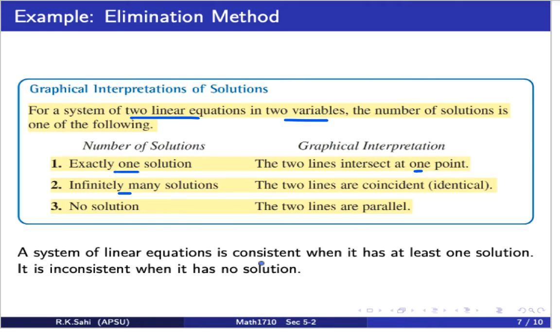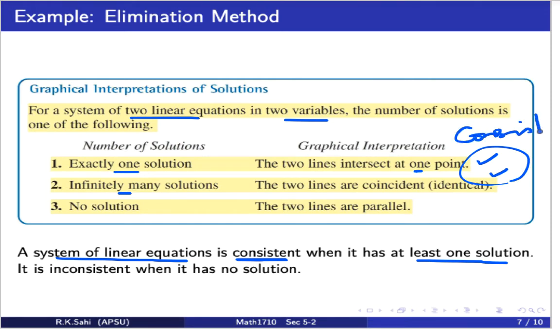Now, there are some definitions. If a system of linear equations has a solution, we say the system is consistent when it has at least one solution. In other words, if the solution is only one or infinite, in these two scenarios we say the system is consistent.